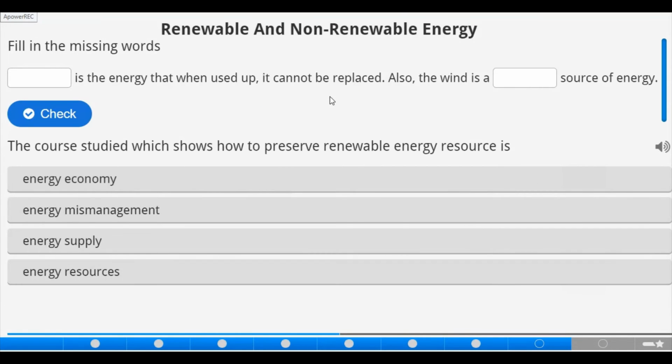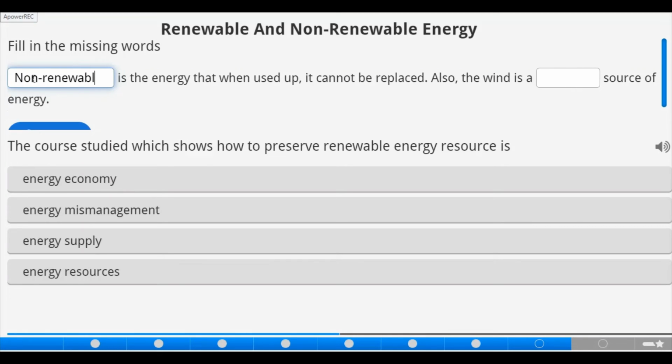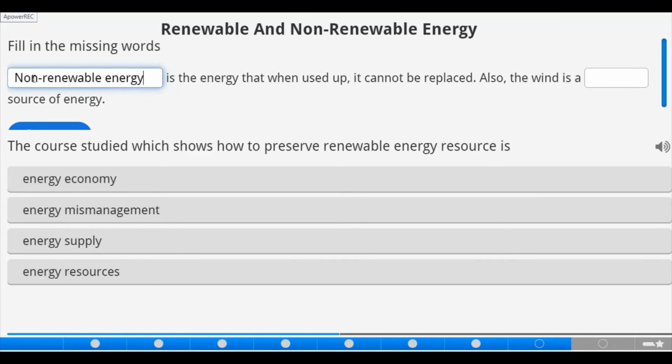Okay, let's deal with renewable and non-renewable energy. We have to fill in the missing words. Dash is the energy that when used up, it cannot be replaced. What do you think the name of that energy would be? So, is it renewable or non-renewable? So let's see. Okay, so non-renewable energy is the energy that when used up, it cannot be replaced.